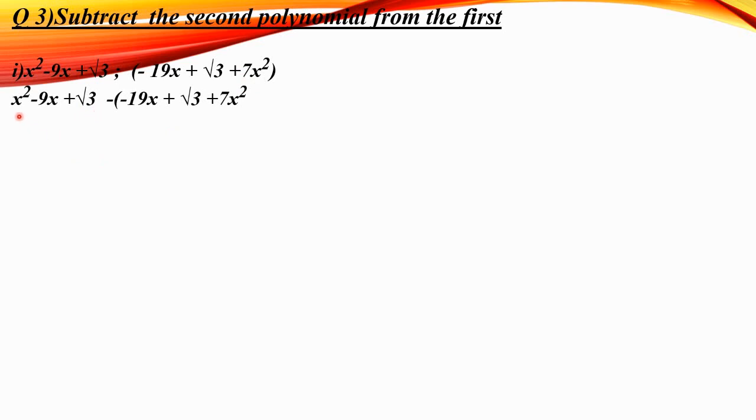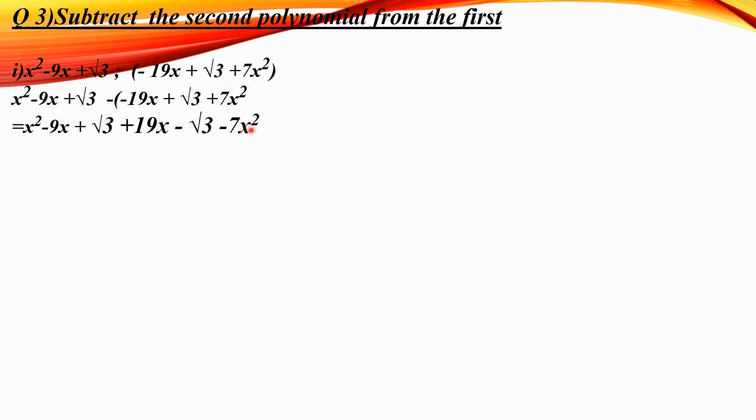So we get x square minus 9x plus root 3 minus, and inside the bracket we will write the second polynomial, that is minus 19x plus root 3 plus 7x square. So when we open the bracket, we get x square minus 9x plus root 3, and multiplying with minus with the numbers inside, we get minus into minus will be plus 19x, minus into plus will be minus root 3, minus into plus will be minus 7x square.